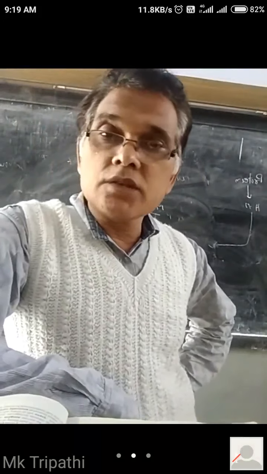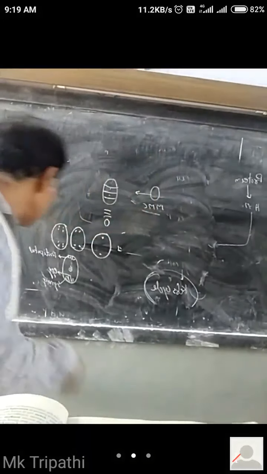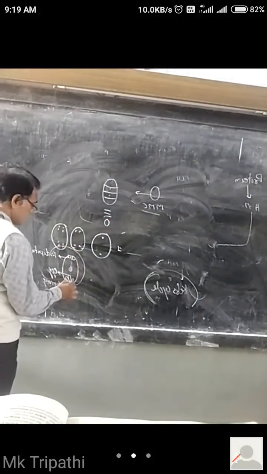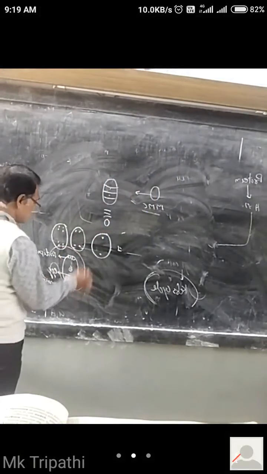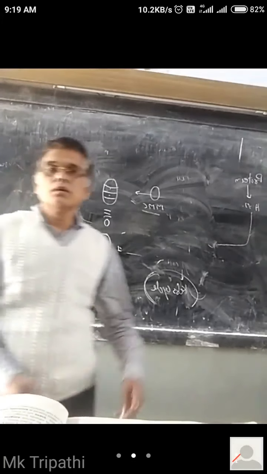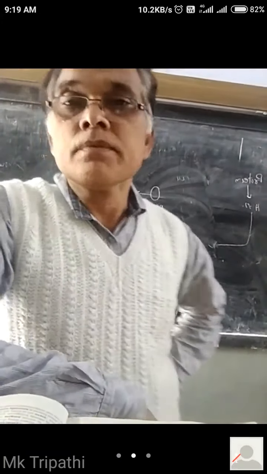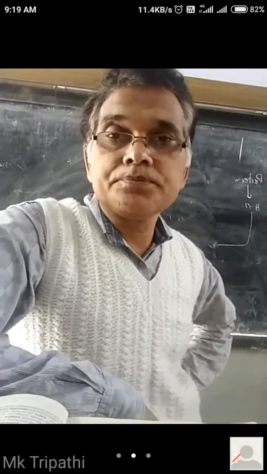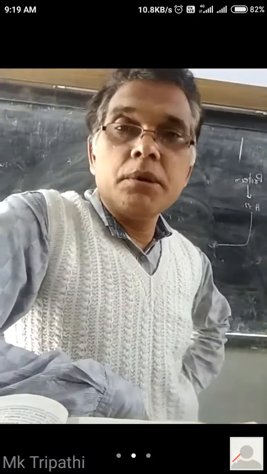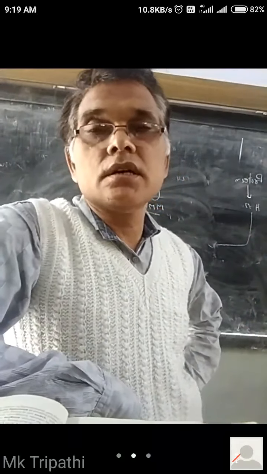When the megaspore is developed, at the same time other tissue is also developed with the ovule. The mass of cells present outside the female gametophyte is known as the nucellus.